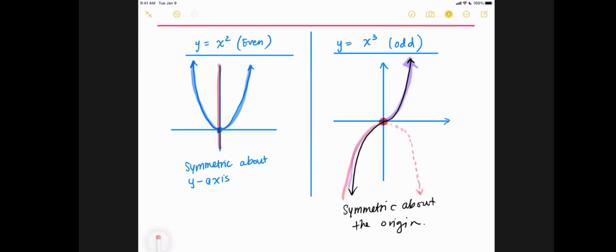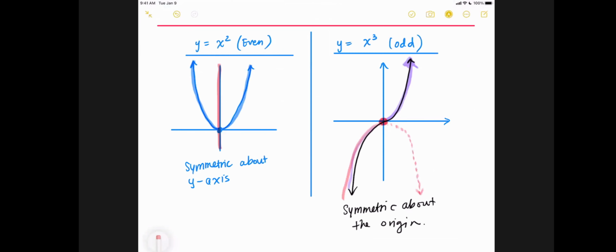The reason it's even is that x squared is a parabola, and this parabola is symmetric about the y-axis. That's one of the properties of an even function, symmetry about the y-axis.